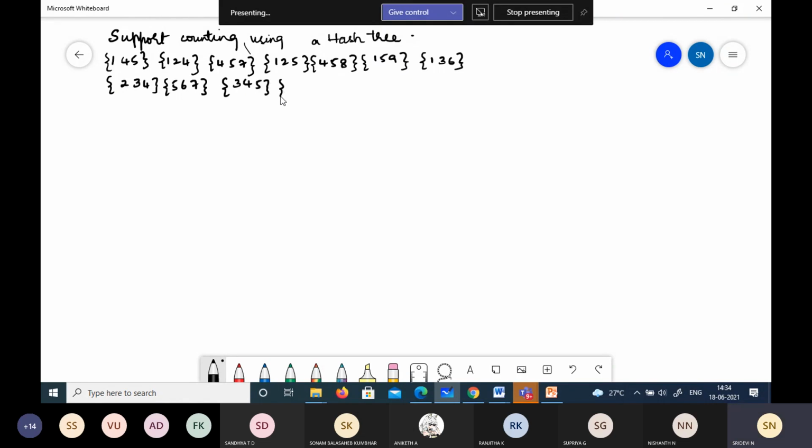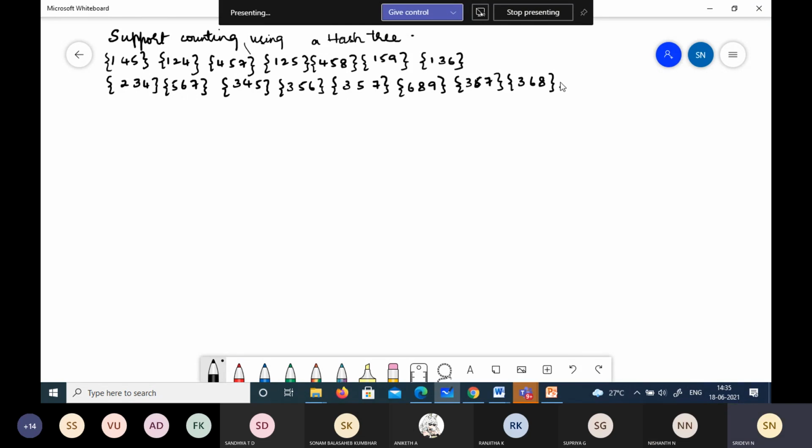Note down this: 3, 5, 6, and 3, 5, 7, 6, 8, 9, 3, 6, 7, and 3, 6, 8. These are the item sets.